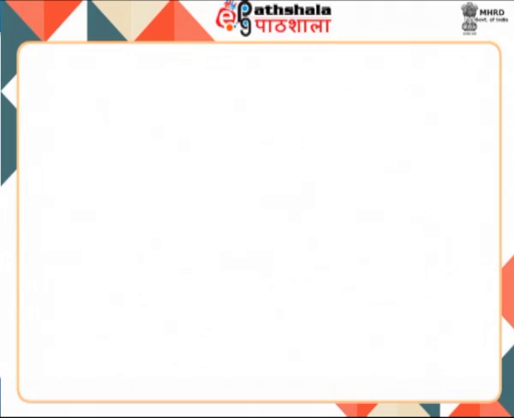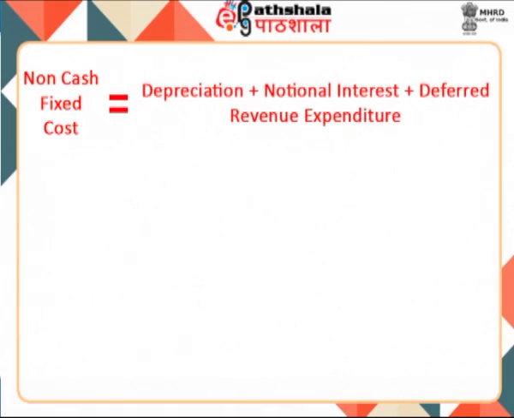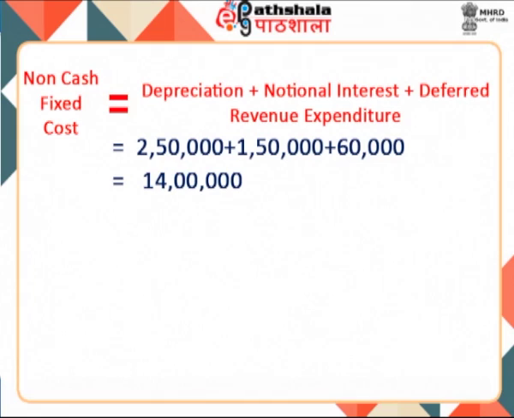As per the given details, the non-cash fixed cost equals the sum of depreciation, that is rupees 2,50,000, notional rent, that is rupees 1,50,000, and the deferred revenue expenditure, that is rupees 60,000, which comes out to be rupees 14 lakhs.